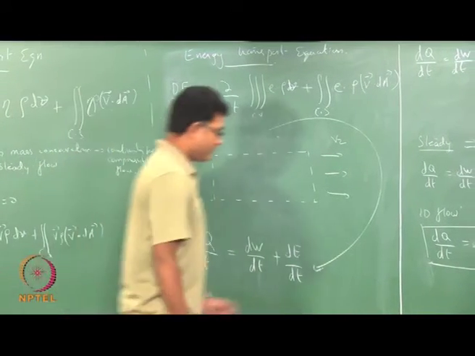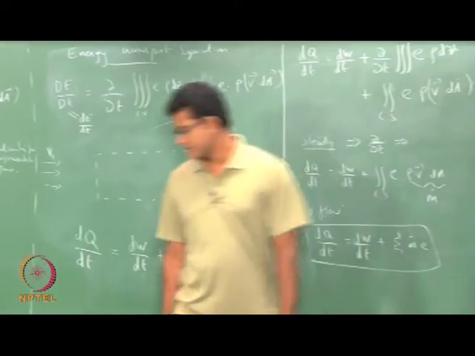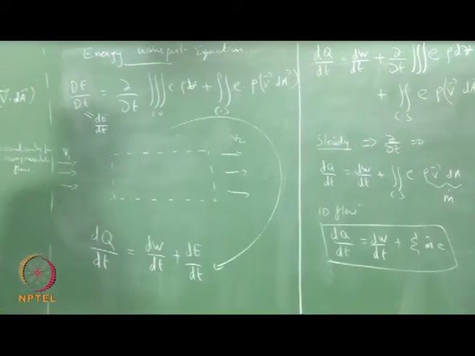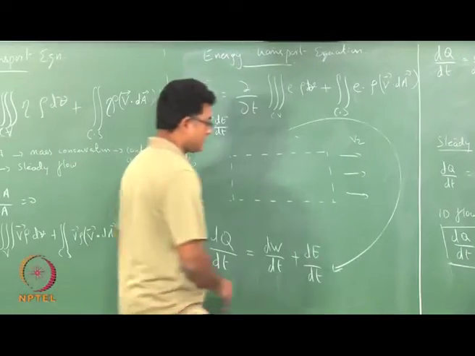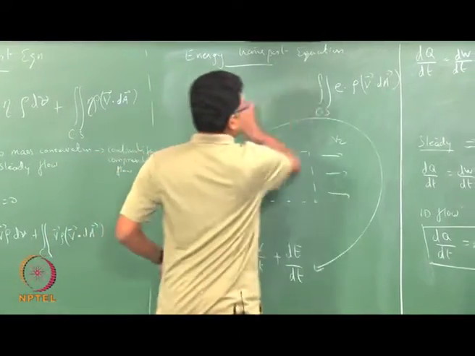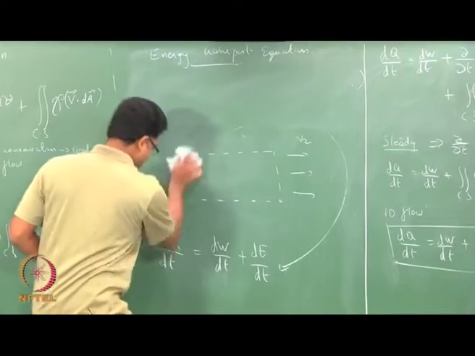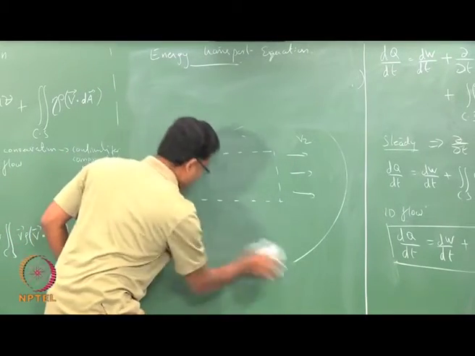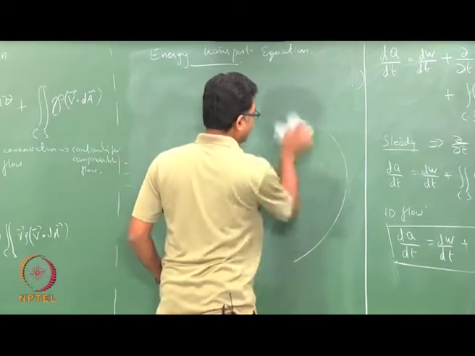Now, we will worry about dW by dt. That is the work done by the control volume. So, let us look at it more closely.